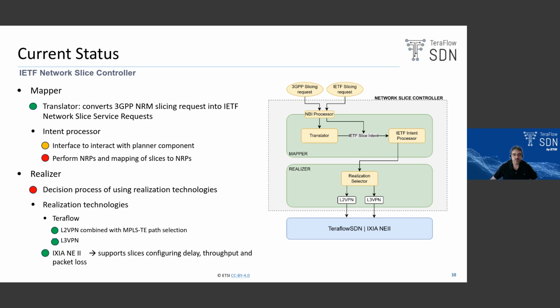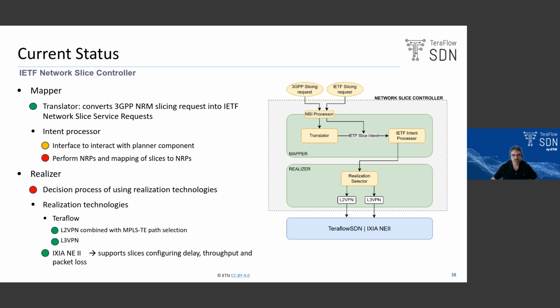Besides that, and outside TeraFlow, as Ricard was mentioning, the network slice controller can be used with other SDN controllers. In this case, for instance, there is also a preliminary implementation with another controller that supports the configuration of slices, involving constraints in terms of delay, throughput, packet loss, and so on.